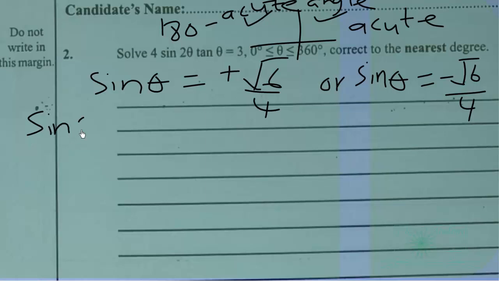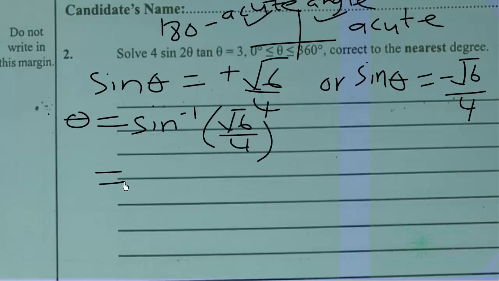So theta will be equal to sine inverse of positive root 6 over 4, and that is equal to 37.761 degrees or 38 degrees to the nearest whole number.